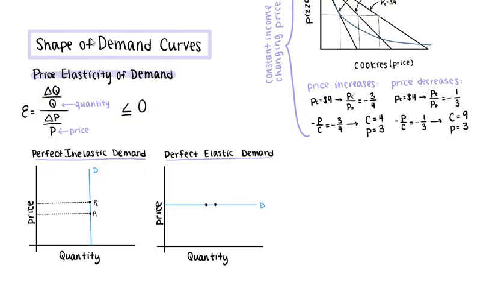Okay. So what's the shape of demand curves? Here is a very important concept, the price elasticity of demand, which has the symbol epsilon. It's basically the quantity change over the quantity, over the price change rate.